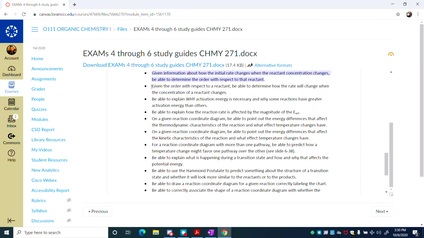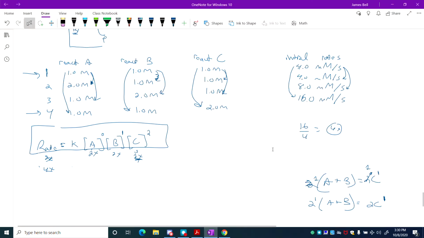And that relates to this bullet point right here. If I give you the order, you should be able to determine how much the rate will change when the concentration of a reactant changes, right? So that's basically the same thing. So if I tell you that it's second order, and we're looking at a fifth experiment, let's say we're not going to change the molarities of A and B. Let's say I make this molarity 4.